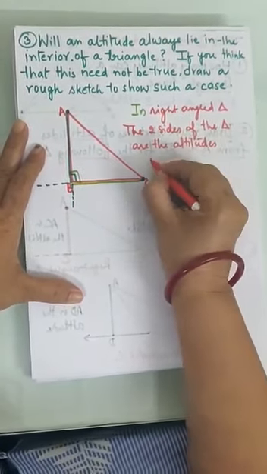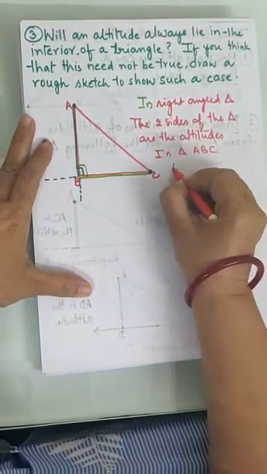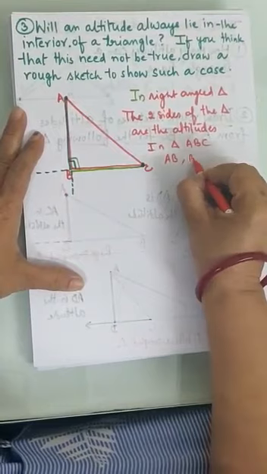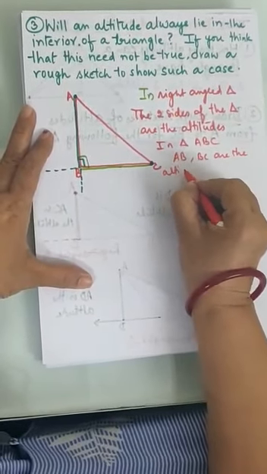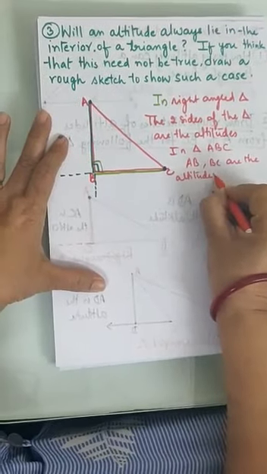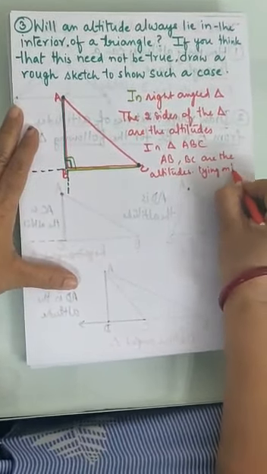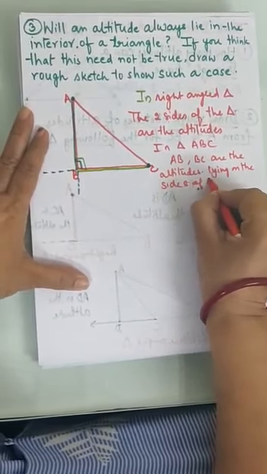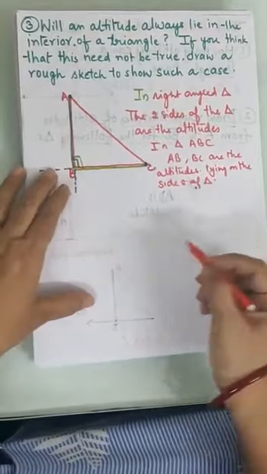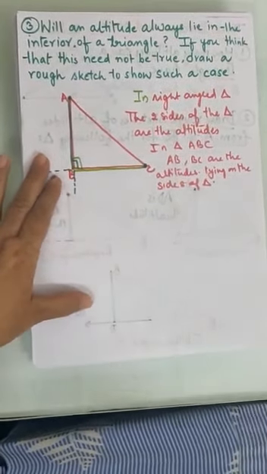Okay, in triangle ABC, AB and BC are the altitudes lying on the sides of triangle. Now let us take an obtuse angled triangle. Let us draw an obtuse angled triangle.